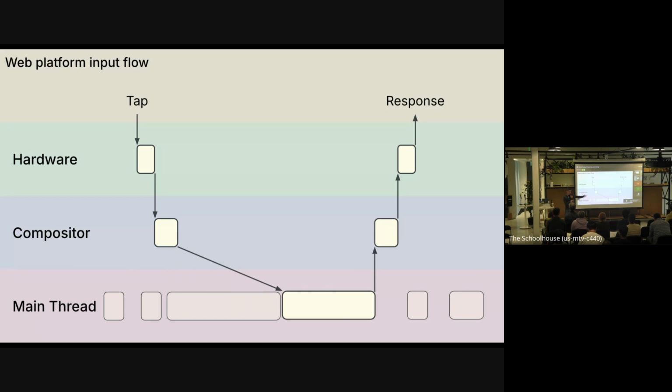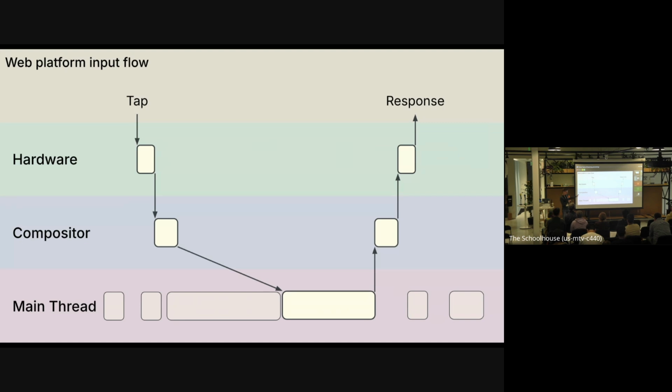So it has to wait for that before the main thread can even start processing the input event. But then when main starts processing the input event, it might be slower than other platforms because there might be other work bundled into this update. Things like below the fold layout content happening or other things like that. So this is even longer. Overall, this main thread is longer, more expensive than on other platforms. And then the web, just like other platforms, delivers the response back up to the user.